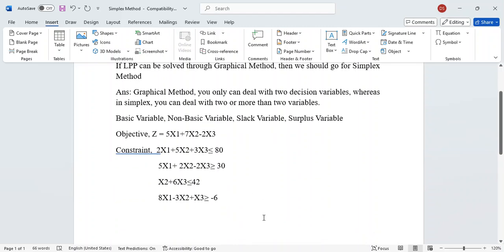You will find different types of variables in this example.